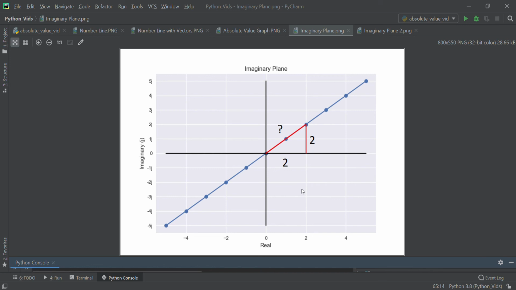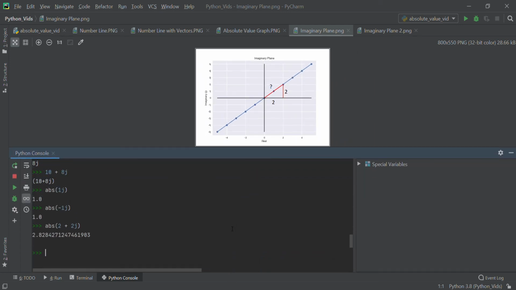So the Pythagorean theorem says a squared plus b squared equals c squared. So 2 squared plus 2 squared equals c squared, or hypotenuse squared, right? And that gives us our hypotenuse squared, which is 8.